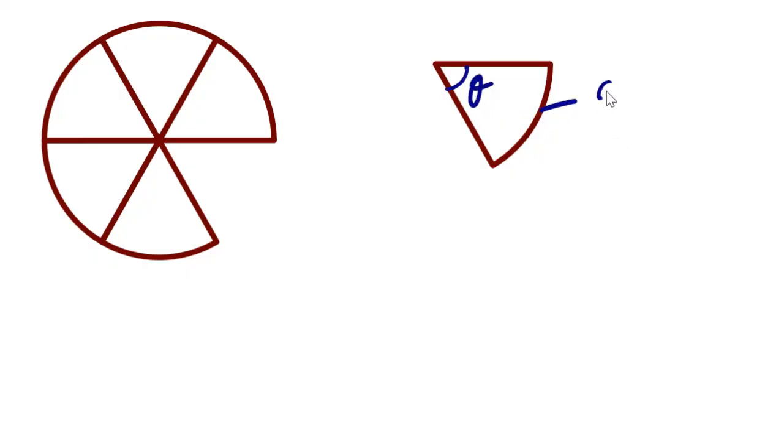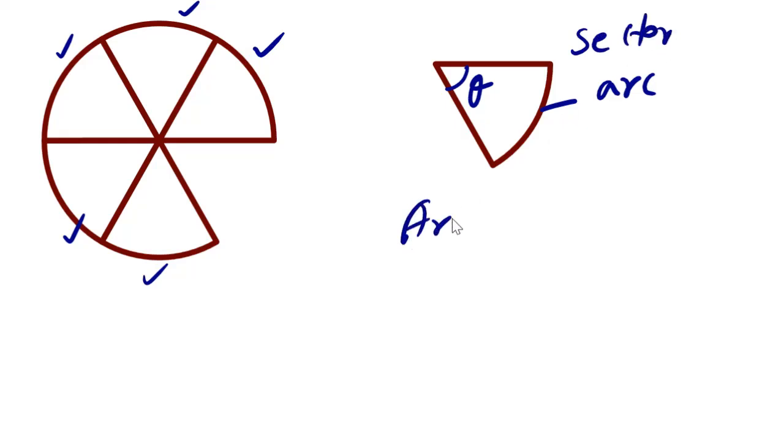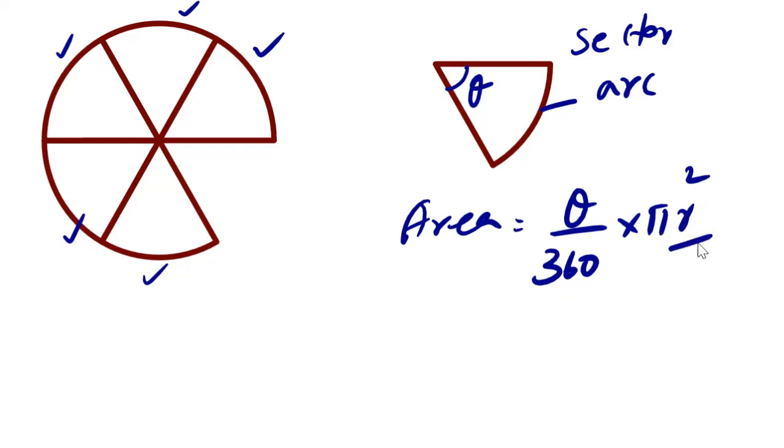This is an arc. There is another topic you should understand, the arc. An arc is created out of the circumference of our circle. I'll get into the arc topic now. Before that, please understand, this is a sector, and the area of a sector is calculated by the formula theta upon 360 into pi r square, where you only need to know the angle and the radius of the circle of which the sector is a part.